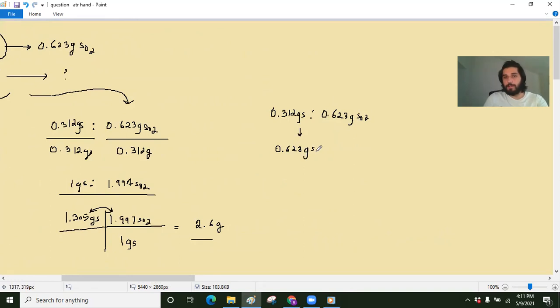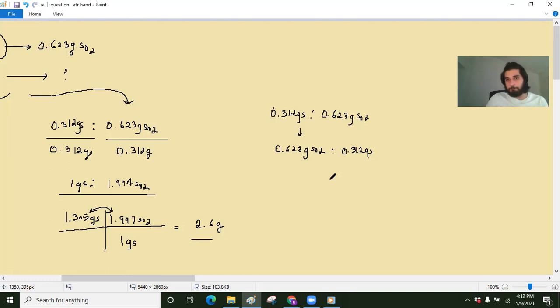If it takes me 0.312 grams of sulfur to have 0.623 grams of sulfur dioxide, then the reverse is true: 0.623 grams of sulfur dioxide needs 0.312 grams of sulfur. So it works really both ways in this case.